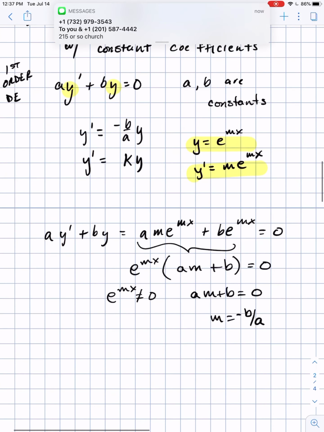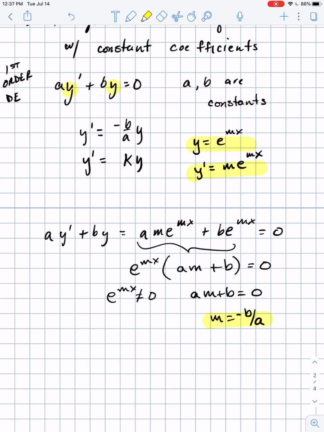So now I found a solution to this problem. If I plug that back in for my m as my solution, I'll wind up getting y to be e to the negative b over a times x.